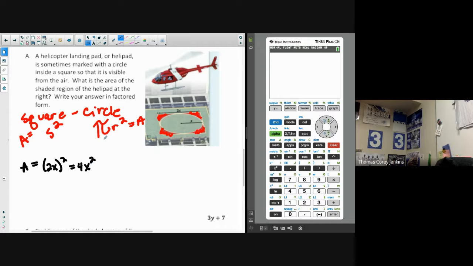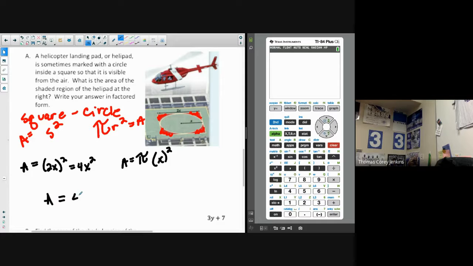And when we sub in x for the radius, what we end up with for the area of the circle is pi times x squared. Remember, what we wanted to do is take this minus this. So let's see what we have, and if we can simplify it at all.